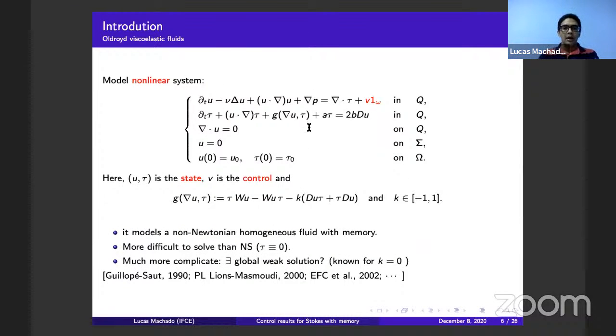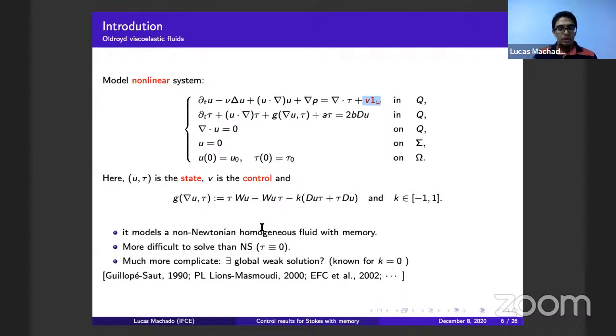Here, we have a nonlinear system for a viscoelastic fluid of the Oldroyd kind, okay? And here u and tau is the state, and v is the control. Well, this model is a non-Newtonian homogeneous fluid with memory, and the system is more difficult to solve than the Navier-Stokes equations, except for particular cases. It is open the existence of a global weak solution.